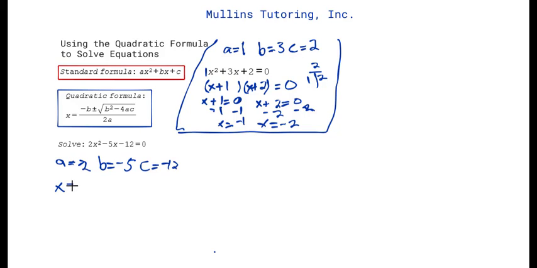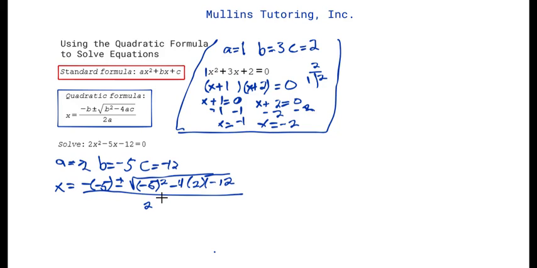So we have x is equal to negative 5 plus or minus the square root of negative 5 squared minus 4 times 2 times negative 12. And that's all going to go over 2 times a, which is 2.